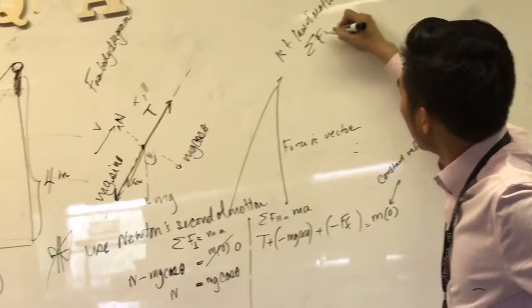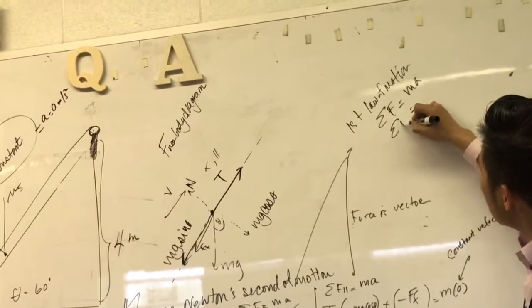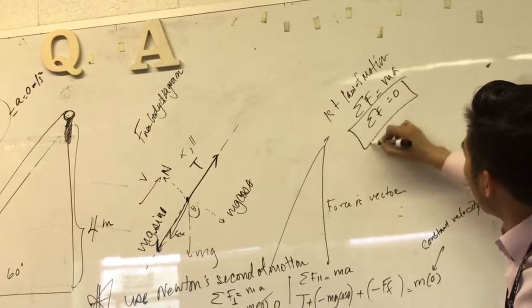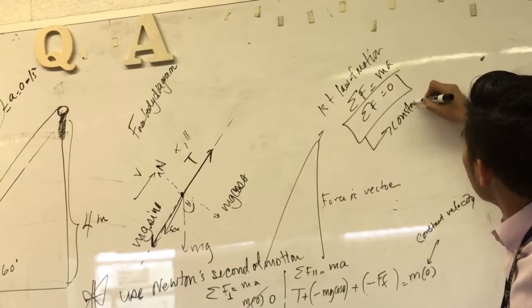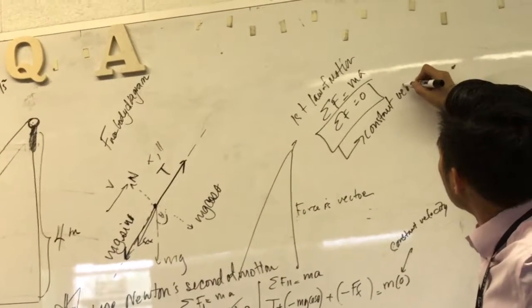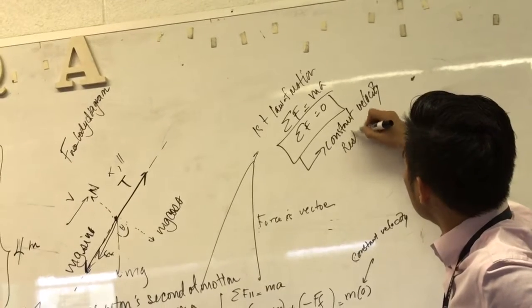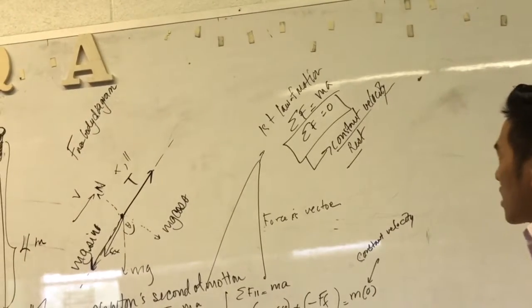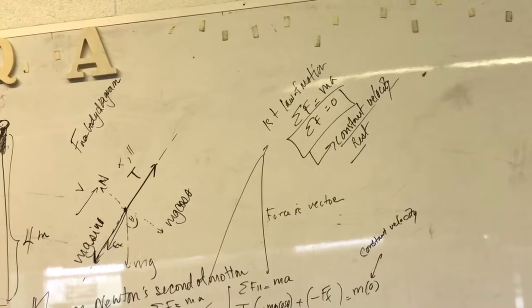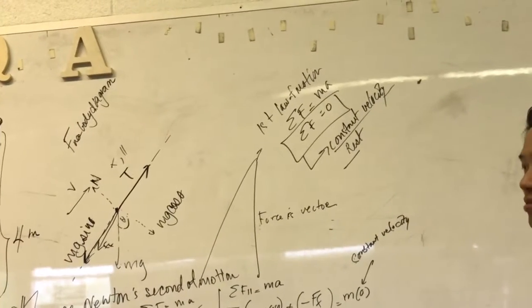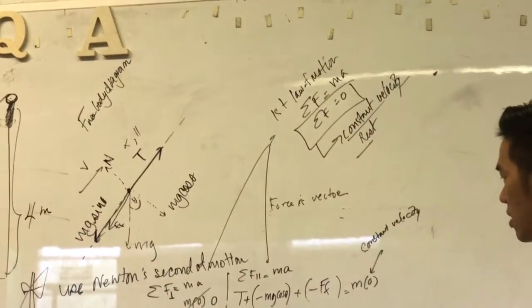Sigma F is equal to 0 for both cases: constant velocity and at rest, which means the sum of the forces becomes 0. There are forces, but they sum to 0.